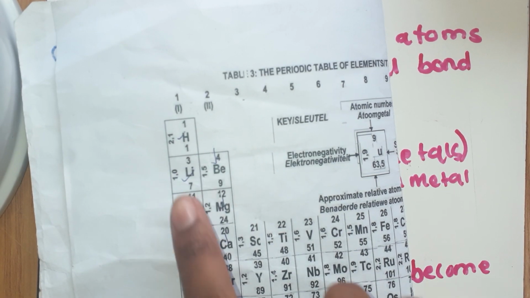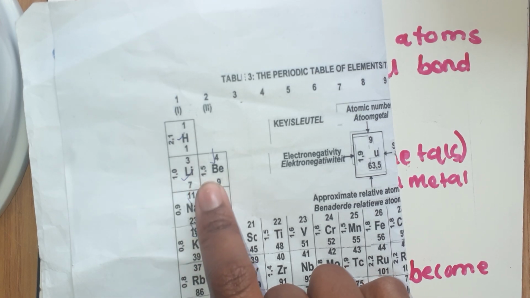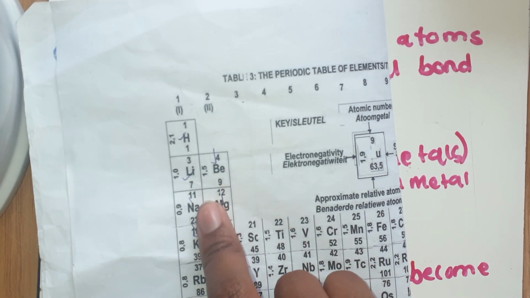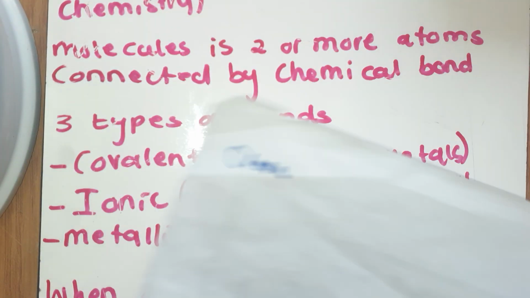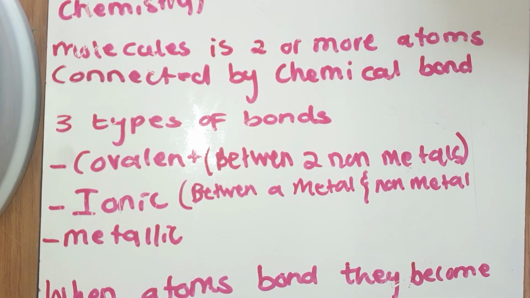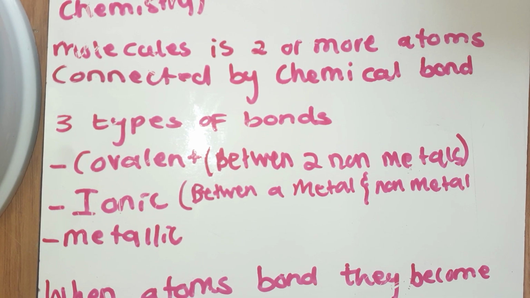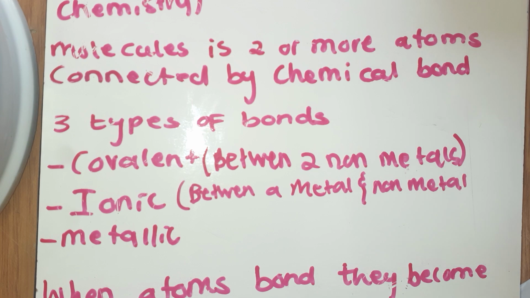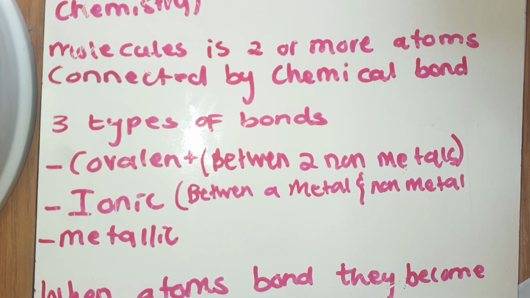Now we have things like lithium, beryllium bonded. They are metals. Sodium bonded with oxygen, hydrogen, nitrogen. We have non-metals and metals bonded together, and we call that an ionic bonding.